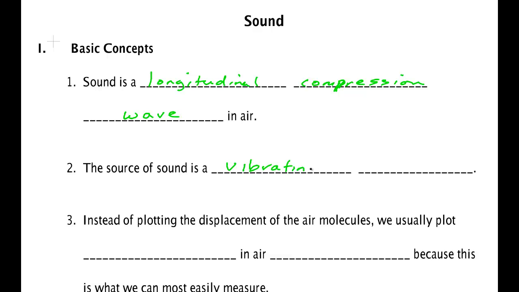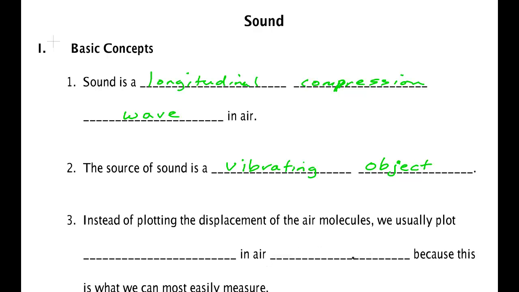So we've talked about oscillators previously, and when one of these oscillates in air, it gets the air molecules to start oscillating, and these air molecules will longitudinally be disturbed, causing a longitudinal disturbance, which is called a wave.